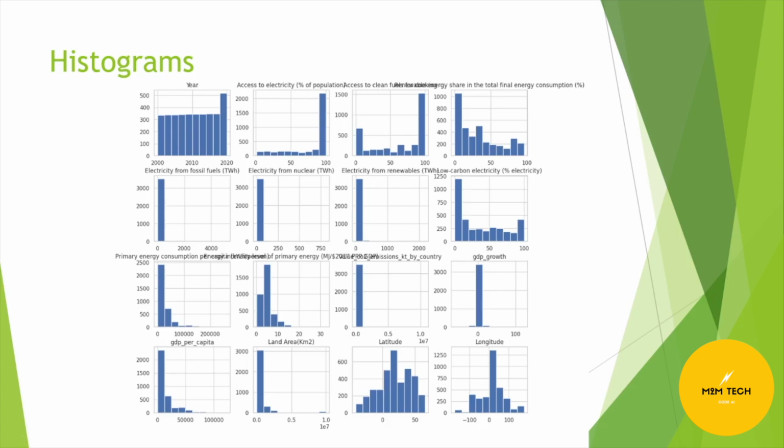So taking a look at the histograms of the 106 countries in the data set, most have access to electricity and clean cooking fuel. And that's these two histograms here. And most countries have low carbon electricity. And that's this histogram right here.